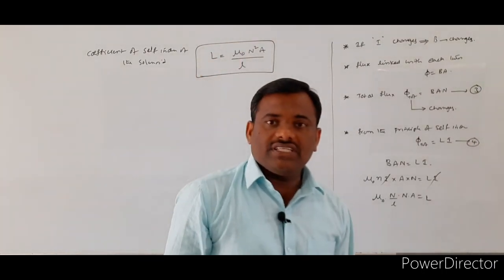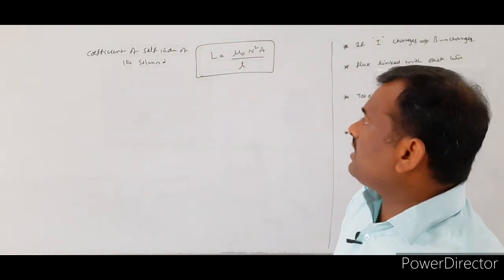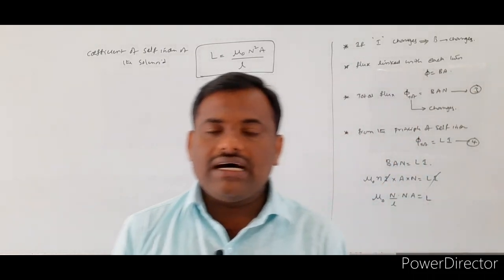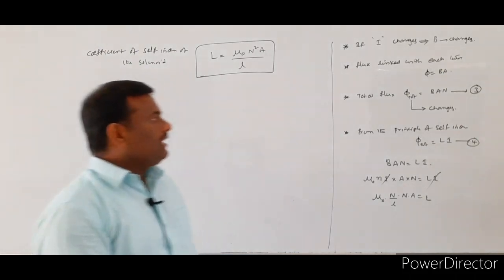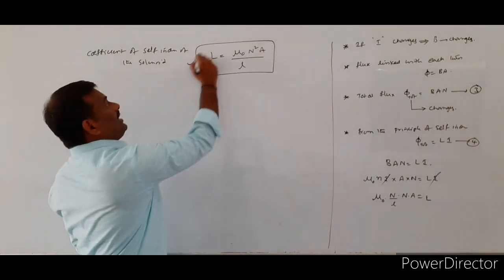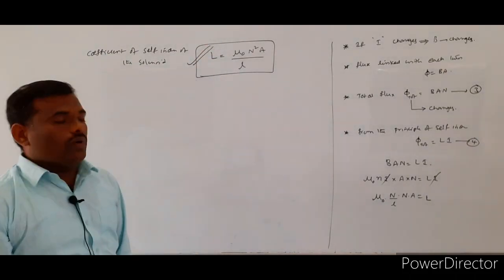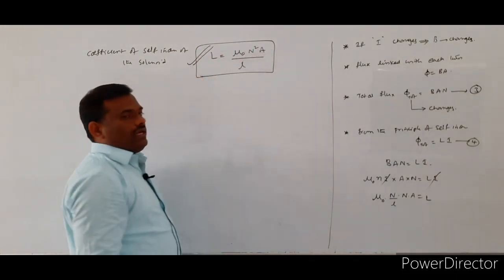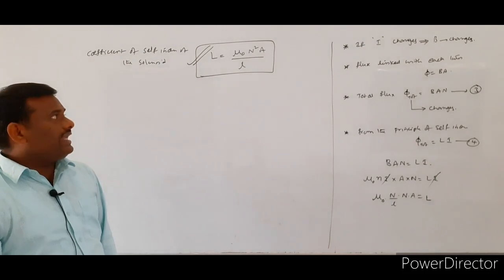So what is the expression for the coefficient of self-induction of the given solenoid? L is equal to mu naught n square A by L.